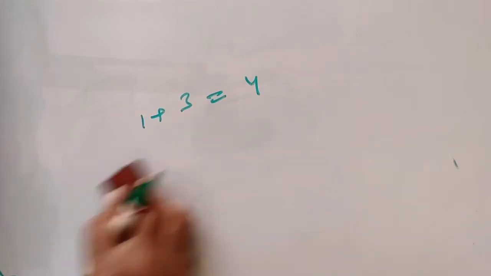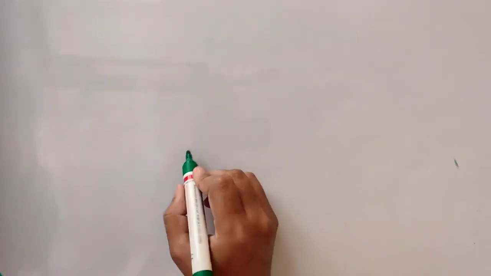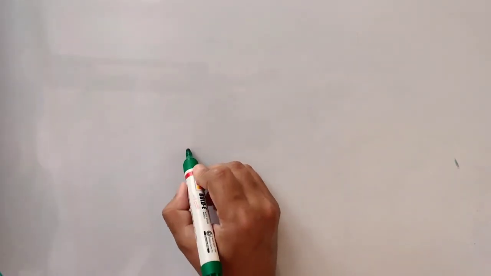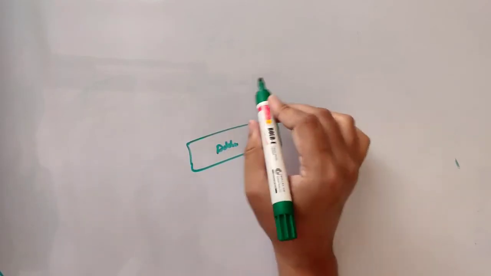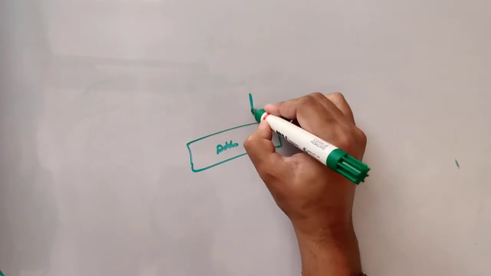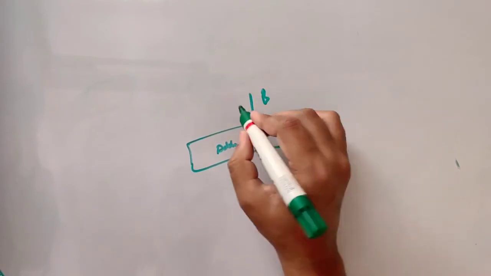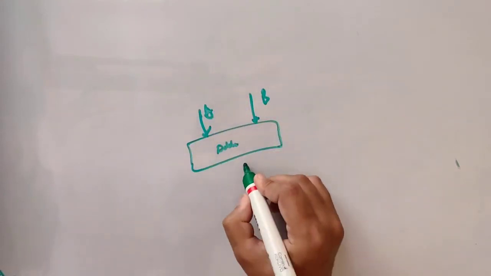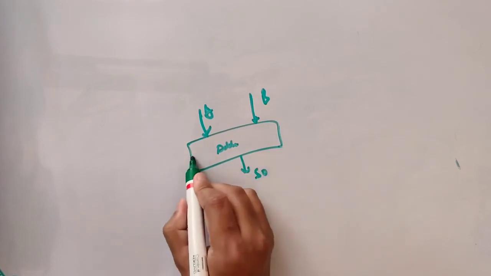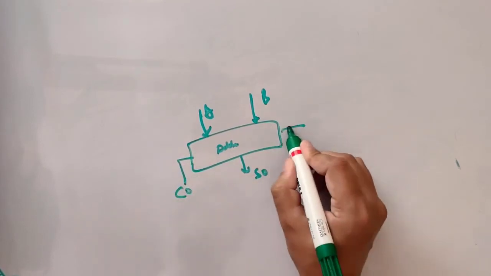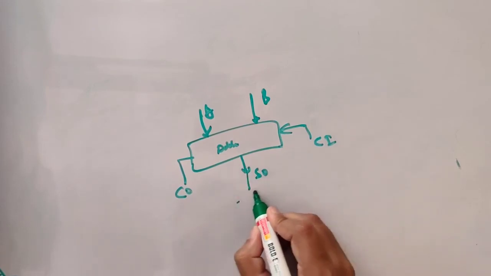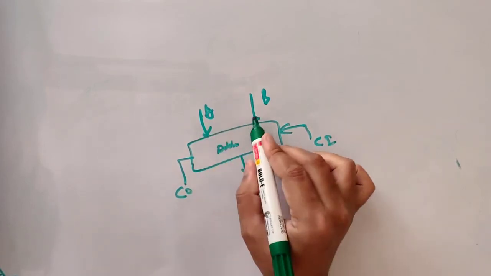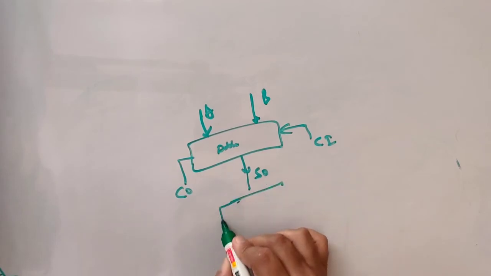So the circuit would become like this: adder, this is B, this is A, this is the sum output, this is the carry output, this is the carry input, and the sum 1 plus 3 equals 4 should get stored here.